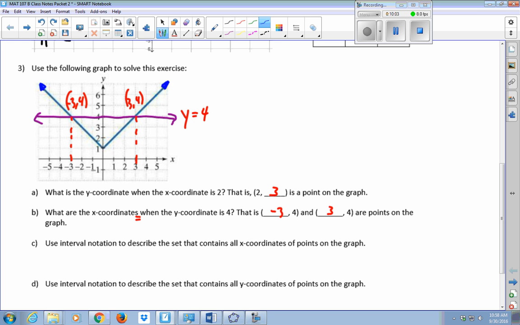They're never going to stop. So there's no limit on the values of x that you can put in there. So it's actually this entire line, the entire x-axis, this entire real number line would be how you would describe all possible x values that you could use as input into this function.